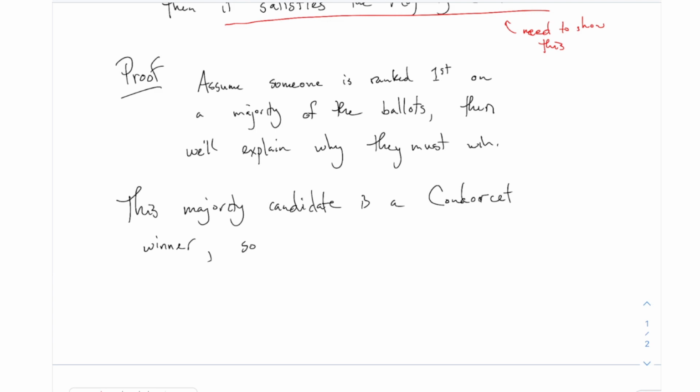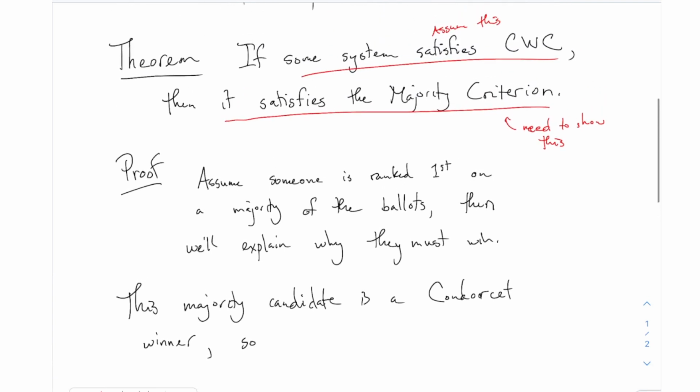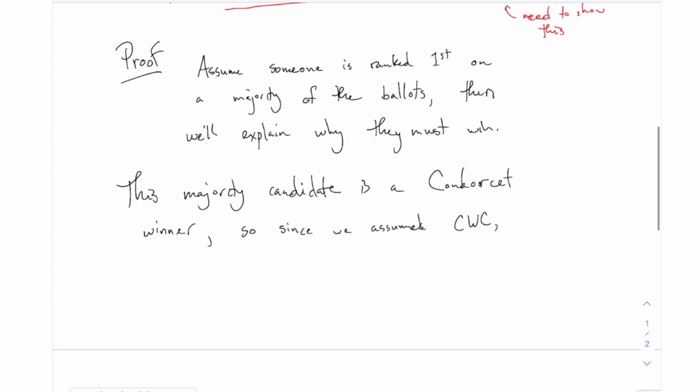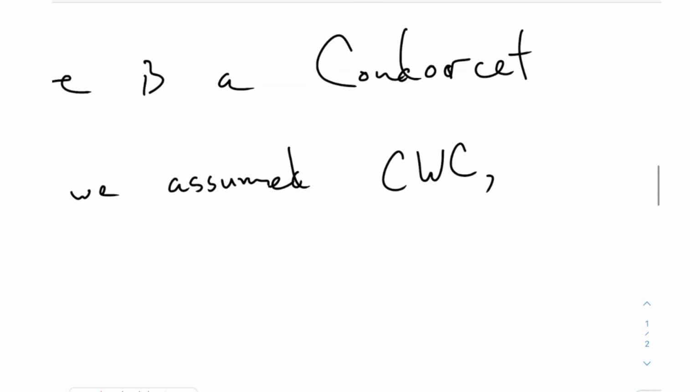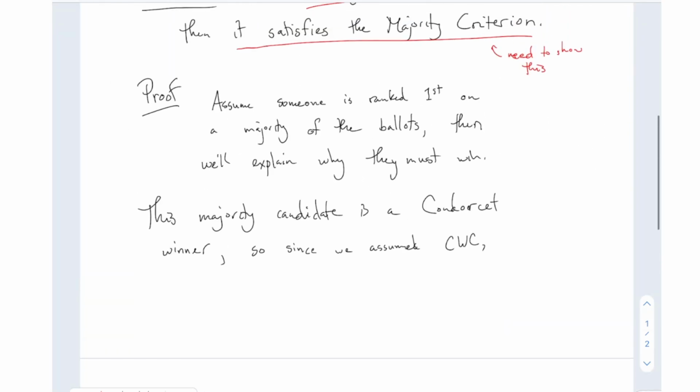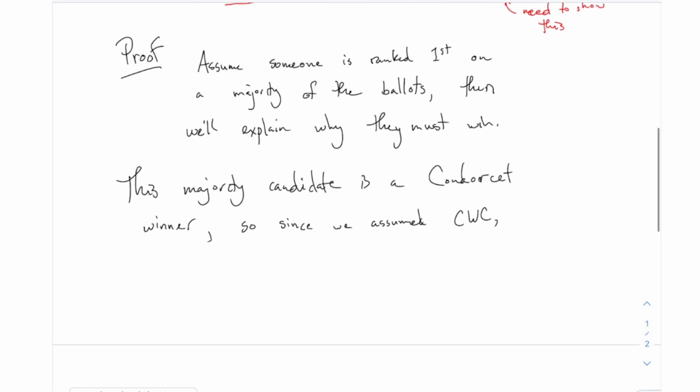So since we have assumed that first thing that I underlined there, we assumed that our system satisfies the Condorcet winner criterion, the CWC, since we assumed the Condorcet winner, this candidate will win.